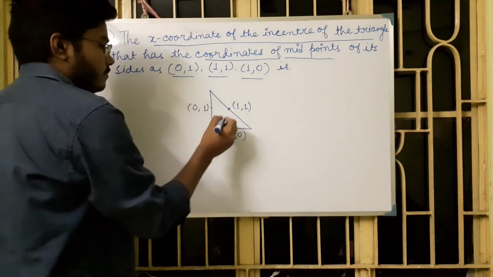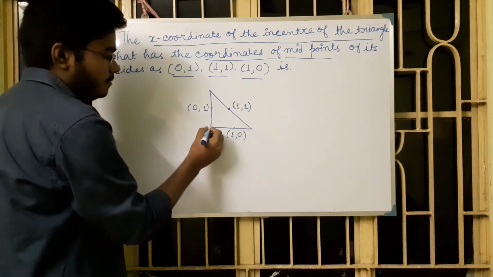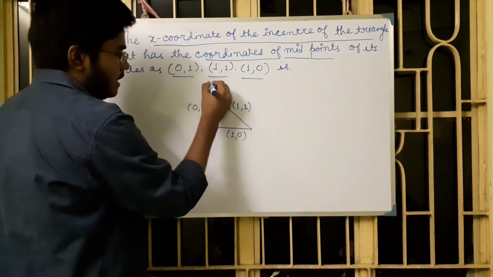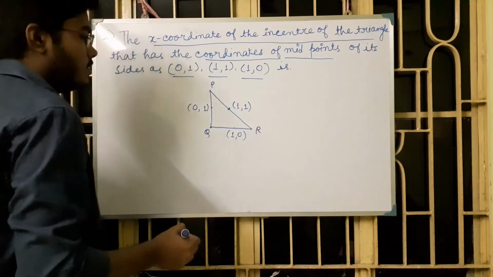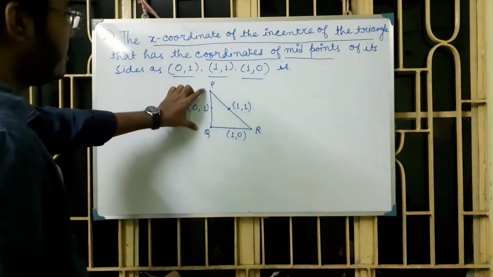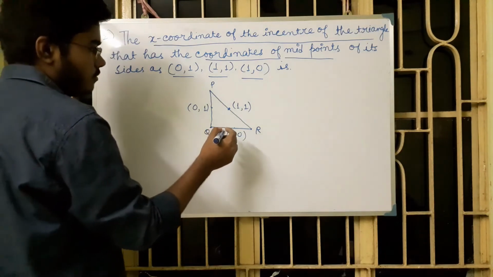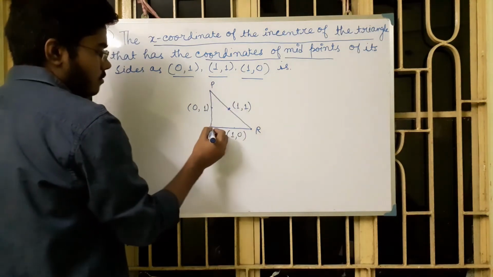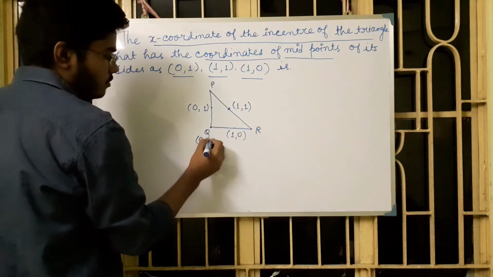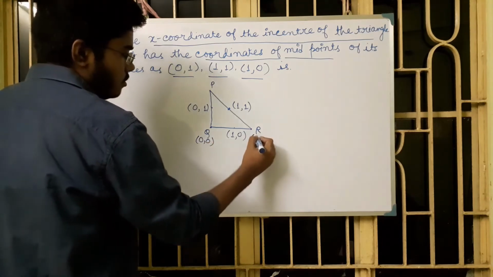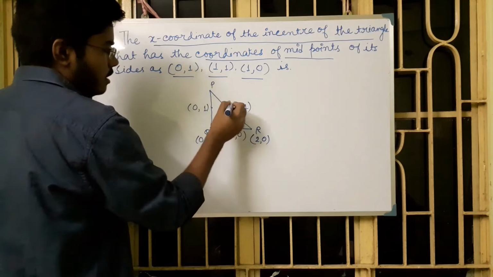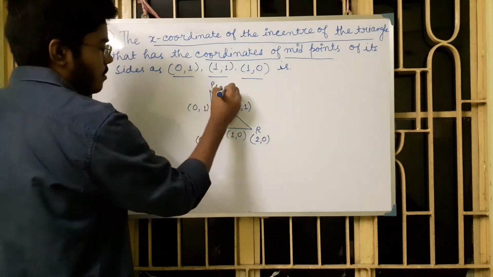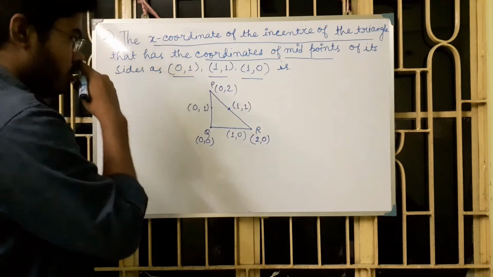Okay, this is a triangle, and this is P, this is Q, this is R. So what will be the coordinates of P and Q? Then this is 0, 0, and this is 2, 0, then 0, 2.